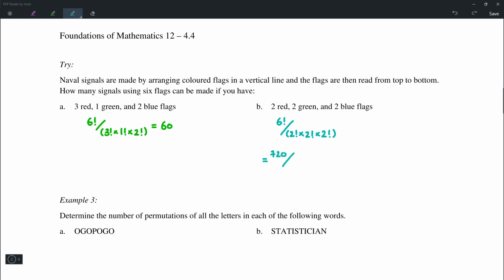And then in the denominator, we have 2 times 2 times 2, which is 8. So we actually have more possibilities in part B. There are 90 possible signals. Whereas in part A, there are only 60 different signals.